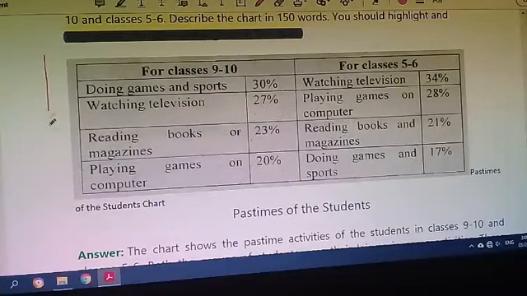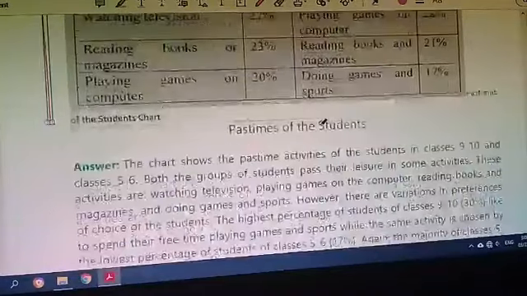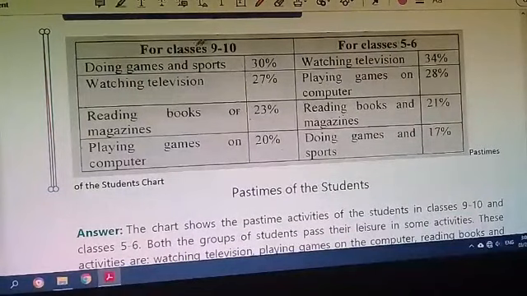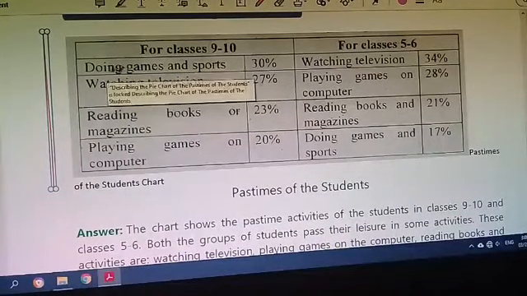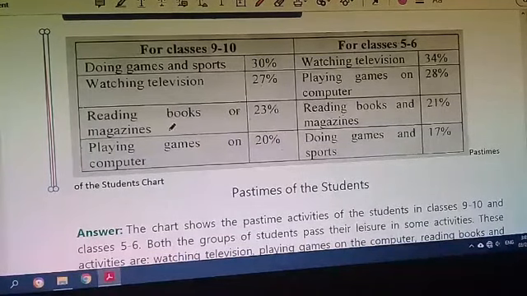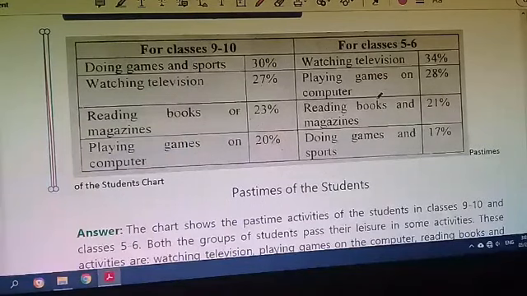This one is another type. It is also graph writing. You will also write this. Look, the description of this graph. Just only information is given. Doing games and sports 30%, watching television 27%, reading books or magazines, I think 23%, playing games on computer 20%, watching television 34%, playing games.